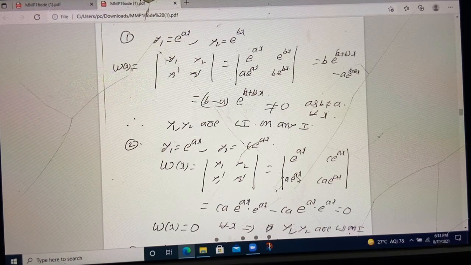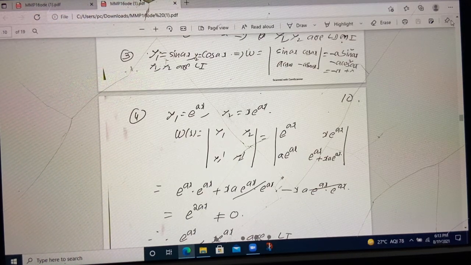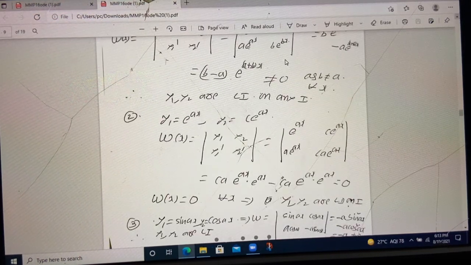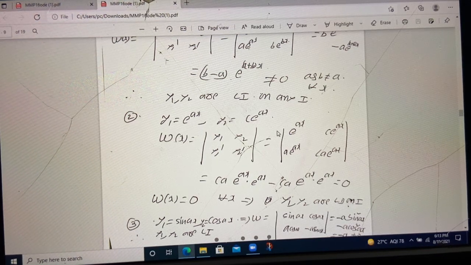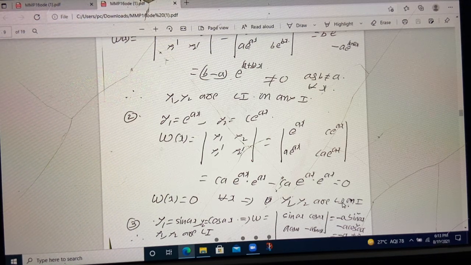By ad minus bc, ca e power ax times e power ax minus ca e power ax times e power ax equals 0. So the Wronskian equals 0 for all x. Whenever the powers are equal, they are not independent. If they are equal, we get the Wronskian as 0, whatever the value. So for all x the Wronskian is 0, so they are always linearly dependent on any interval.